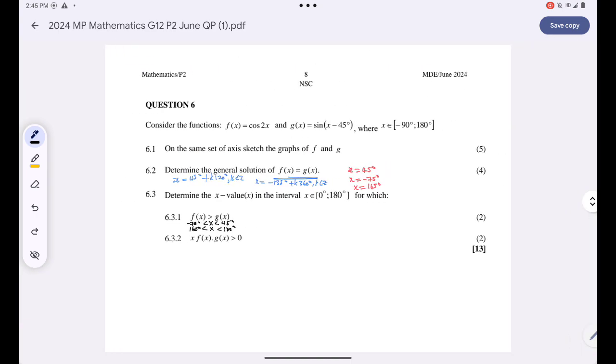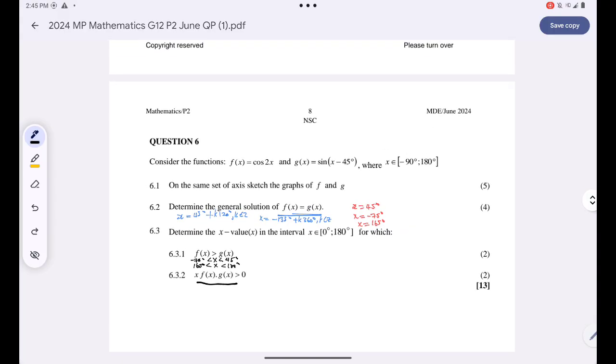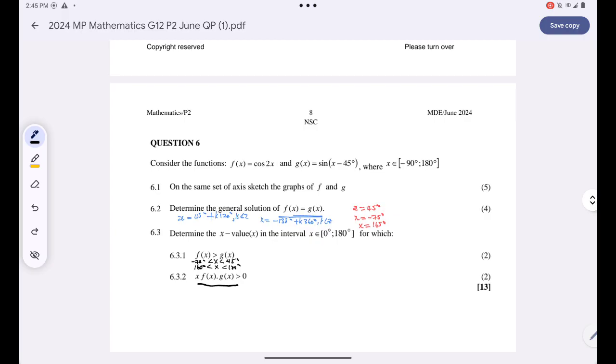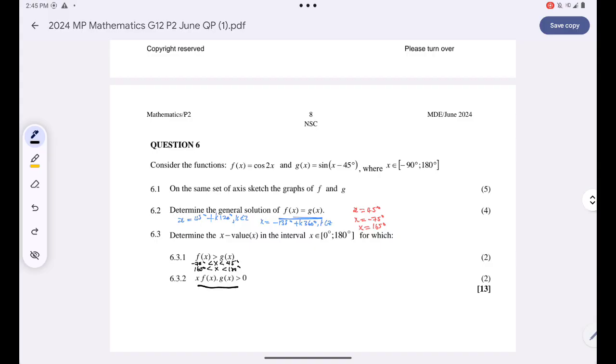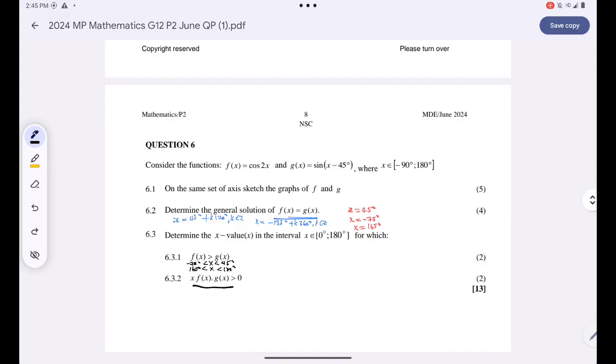Now I'm looking for the values of x whereby the product of these three, x, f of x and g of x, will give me a positive answer. I can only find these solutions, guys, whenever my graphs are in the first quadrant and also in the third quadrant. Why? Because in the first quadrant, everything is positive.